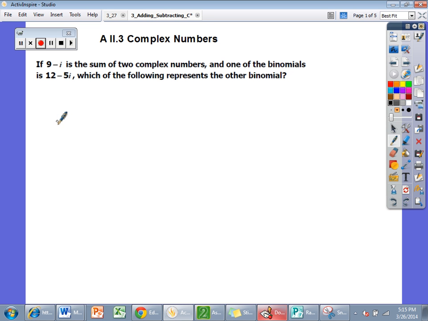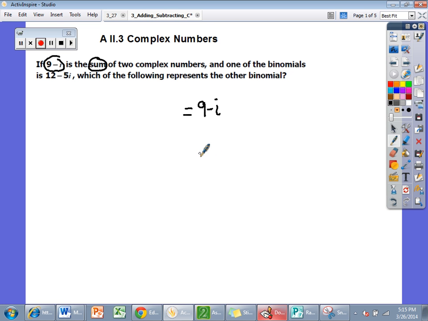So this takes some reading and some setting up. 9 minus i is the sum, so that means this equals 9 minus i, and sum means adding.